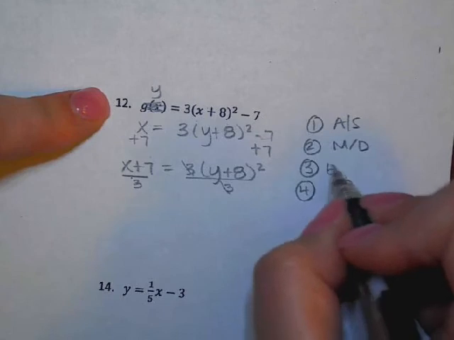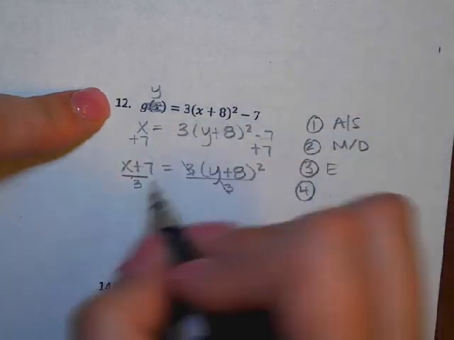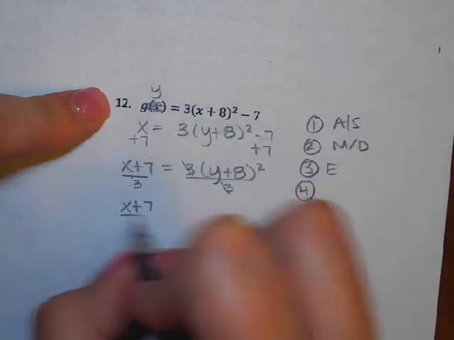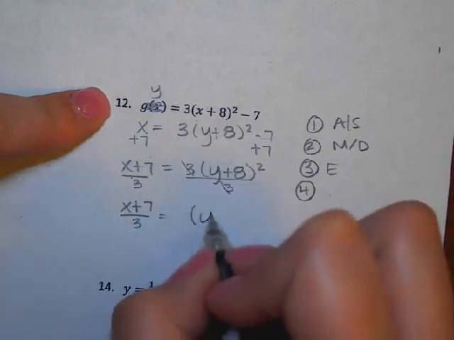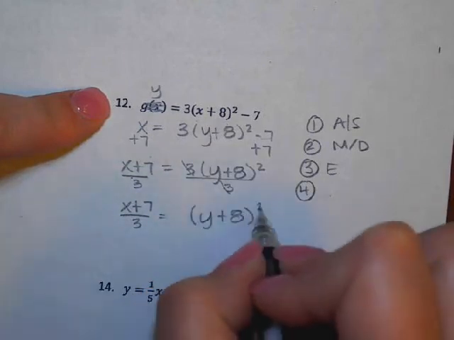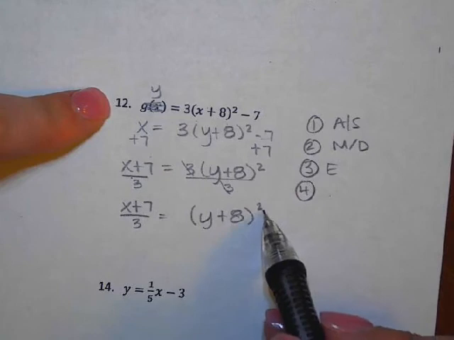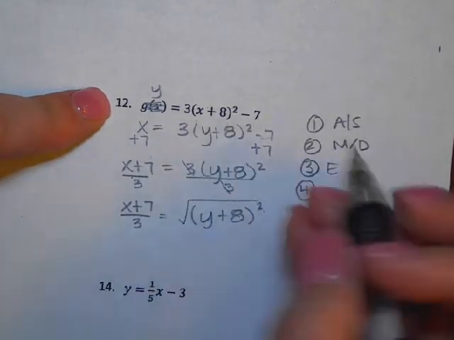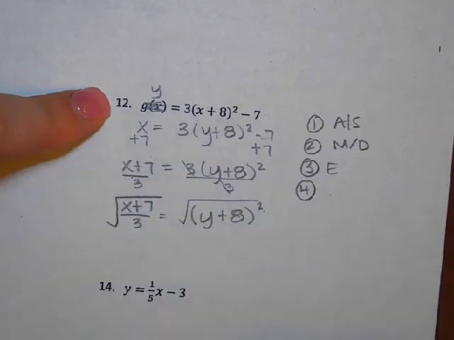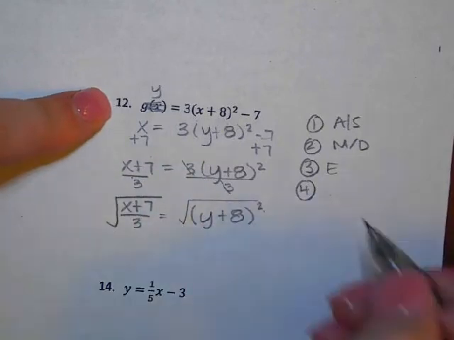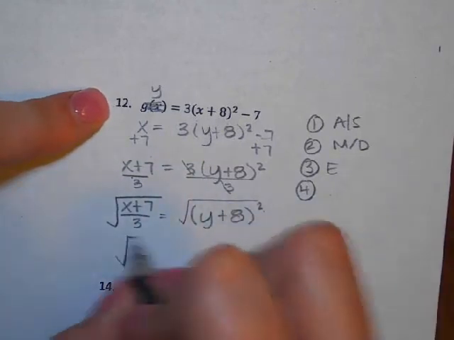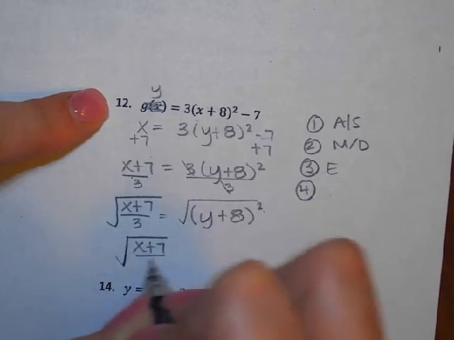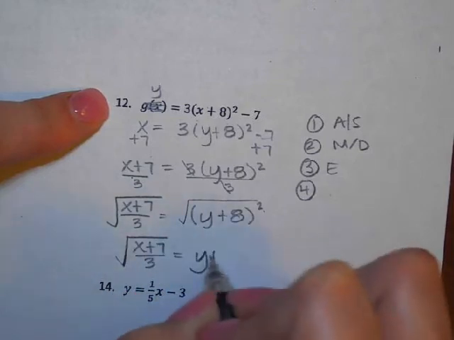Then we want to see if there's an exponent we can get rid of, or an exponent we could introduce to get rid of something else. We have an exponent of 2 that we want to get rid of, so I can go ahead and square root and square root. And then I have this equals y plus 8.